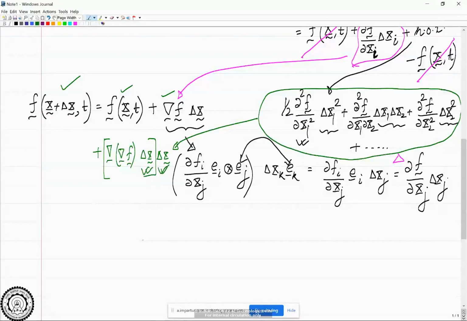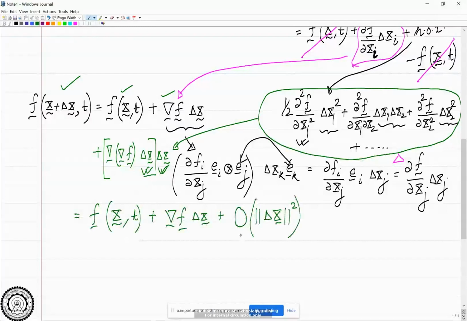So I'll write this whole thing as f of capital X comma t plus grad f into delta capital X plus a new symbol here. And this is called big O. So that's a symbol in mathematics.